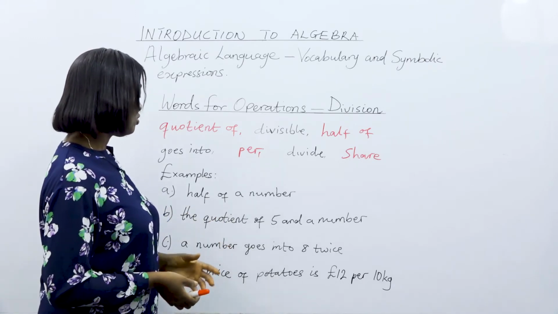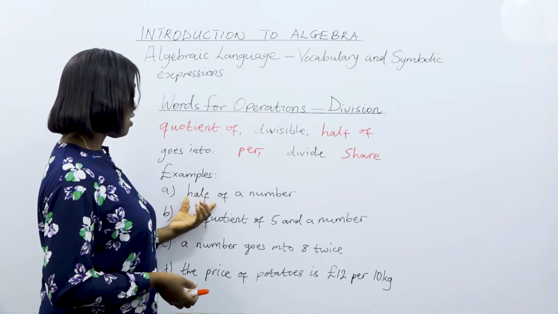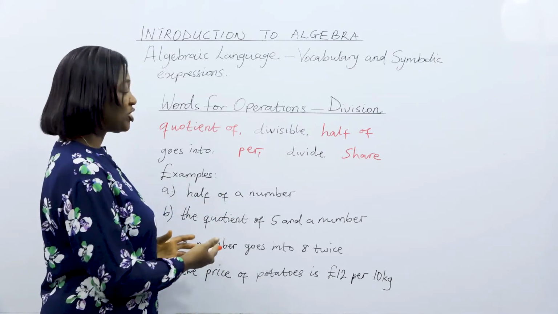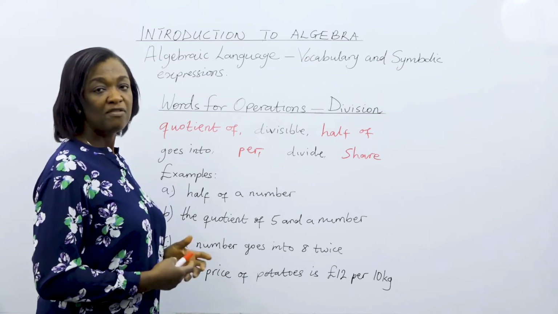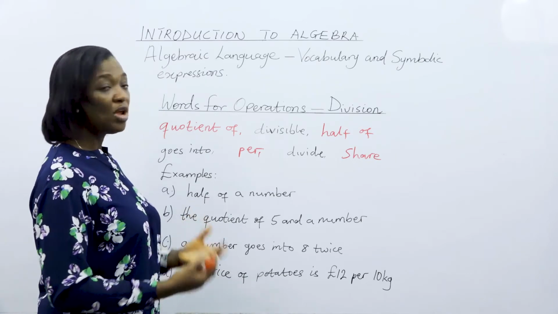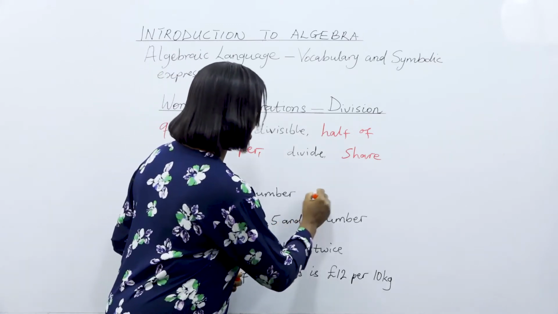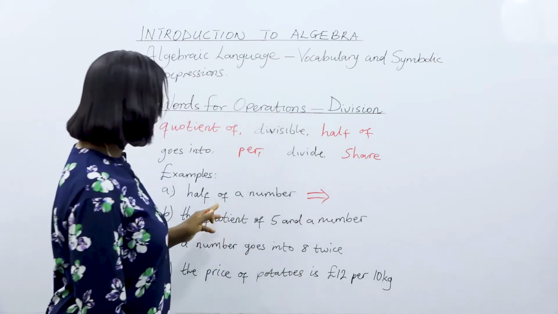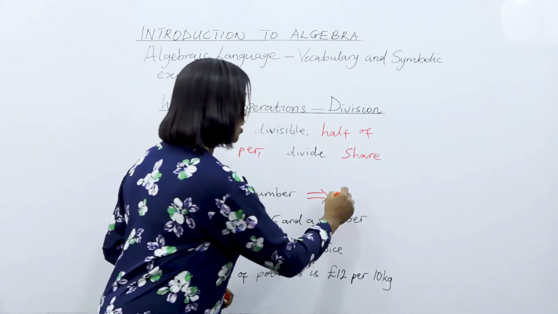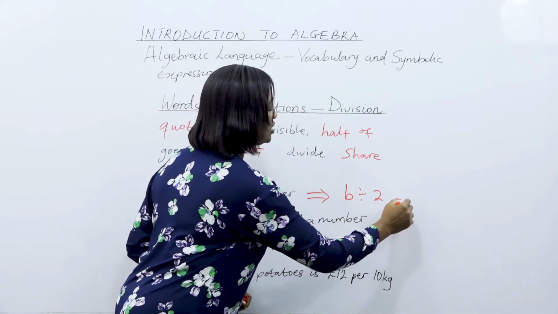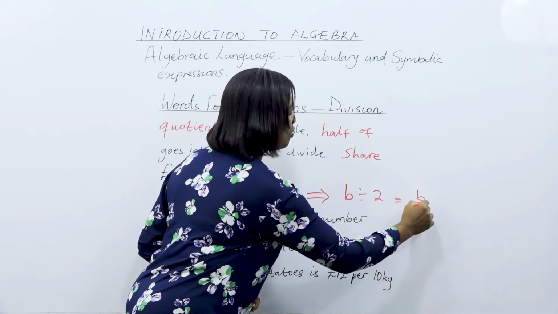So for example, half of a number. To write that expression, first let the number be b. Half of b will be b divided by 2, which is the same as b over 2.